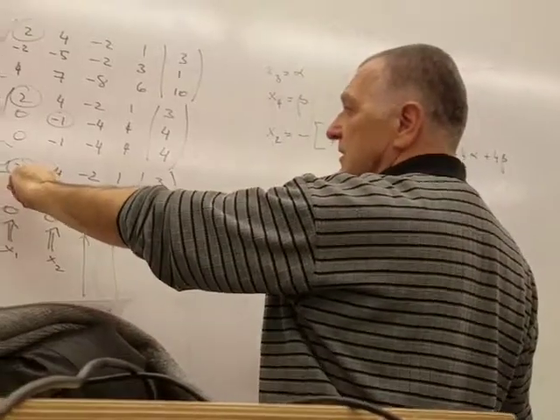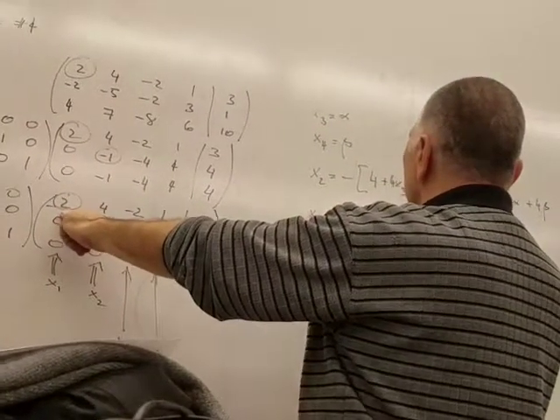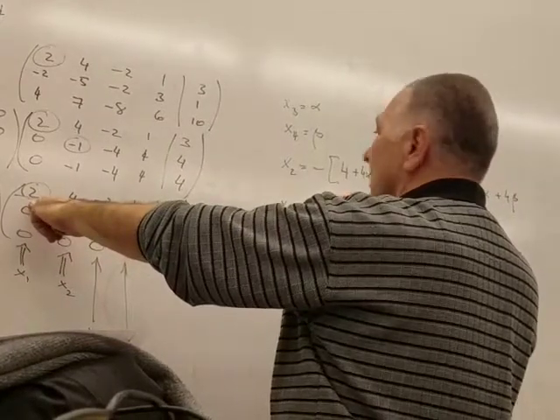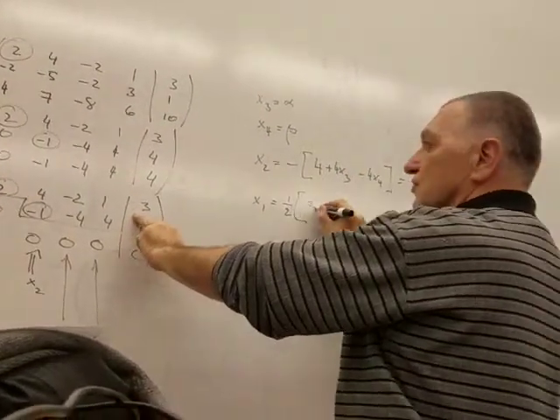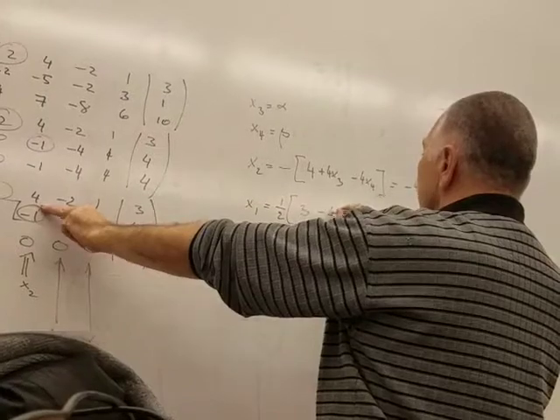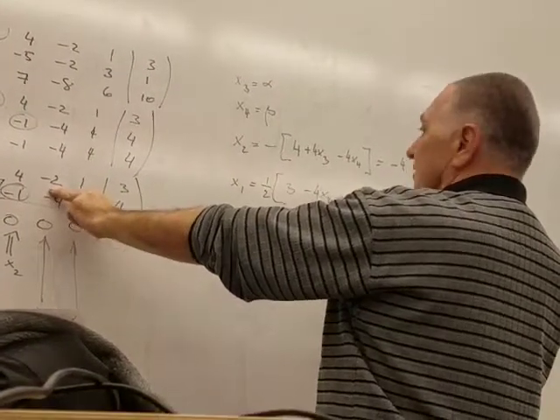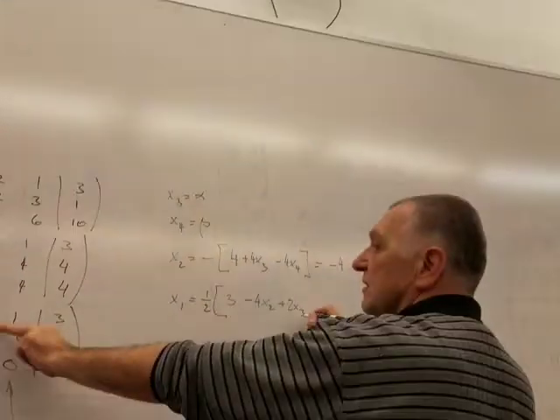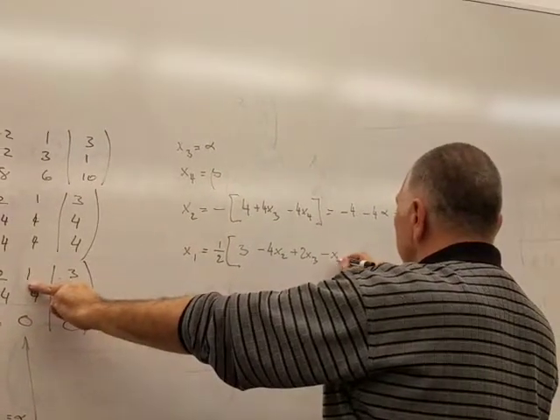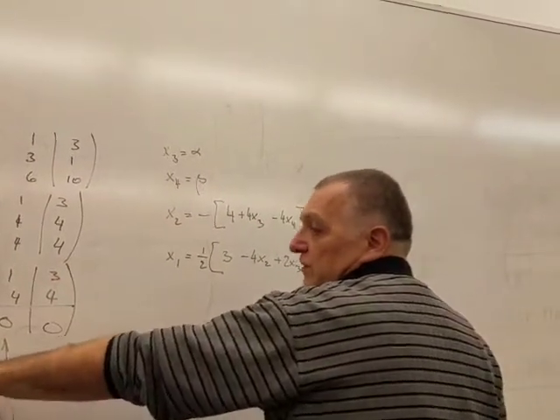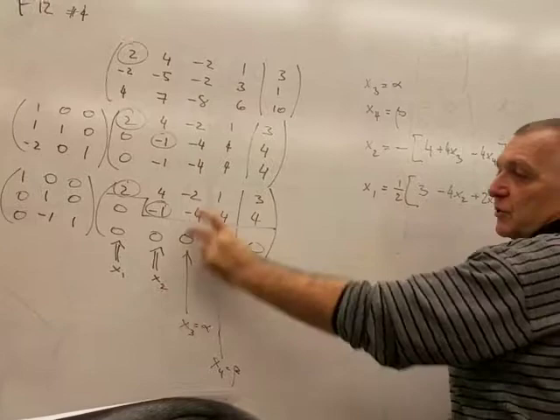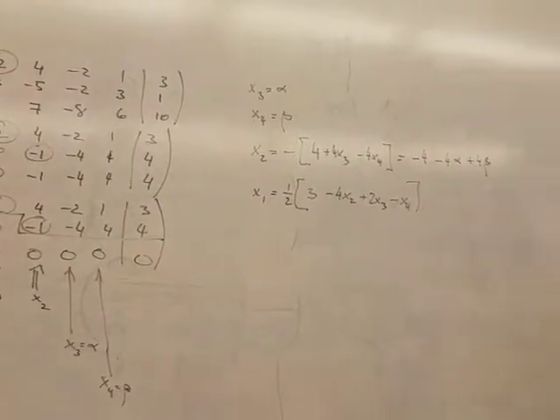And then the x1 variable, x1 is equal to 1 over the pivot, 1/2. Right-hand side is 3 minus 4x2 plus 2x3 minus x4. One reason I'm writing the x's here is because I want to make sure I read off the right x variable.